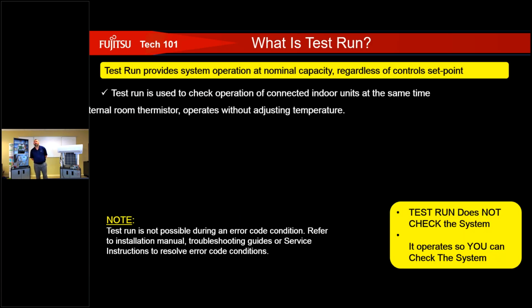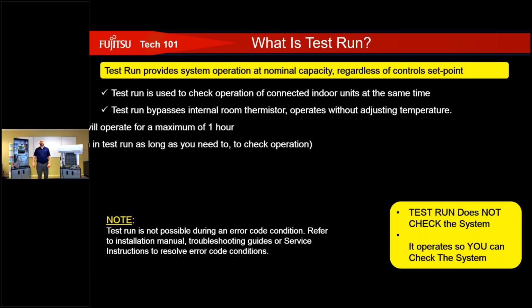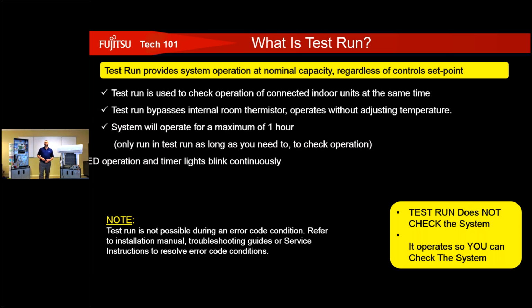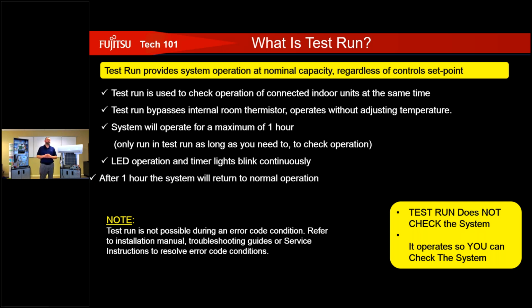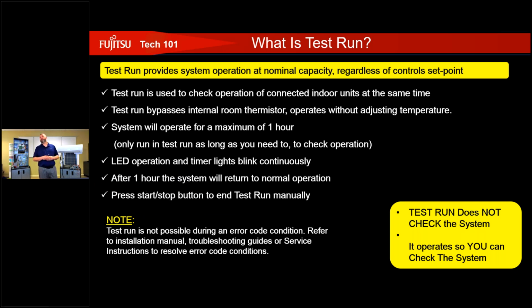All right, so test run that's used to check for operation can be initiated from the indoor units through a button on the remote, or you can operate a test run from the outdoor unit as well. It's just to check the operation.